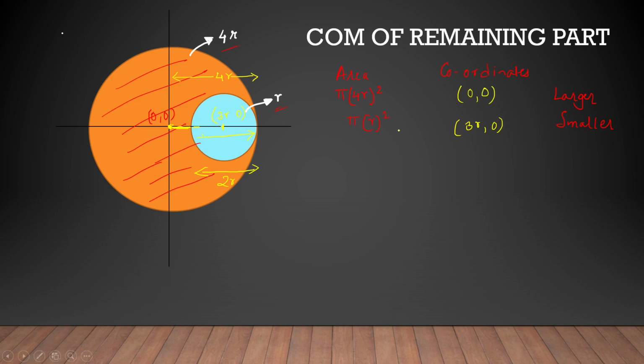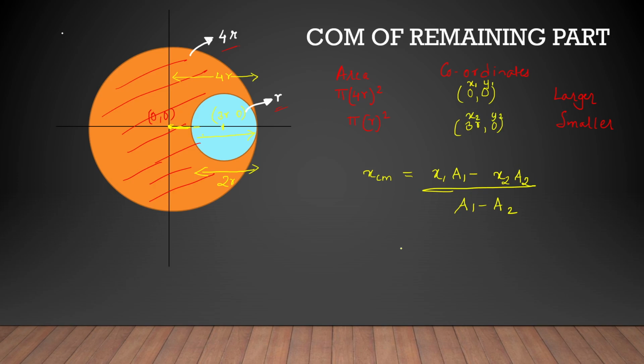Now the next thing that we have to find is using the formula, that is xcm equals x1a1 minus x2a2 upon a1 minus a2. Now what is x1? The larger one we are giving as x1, y1, and the smaller x2, y2.